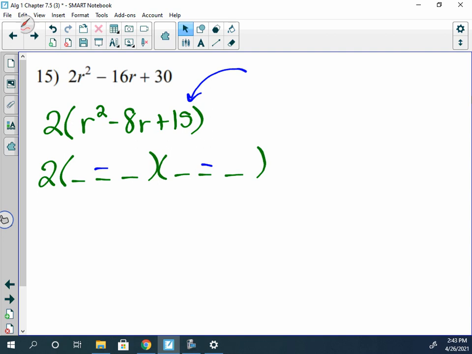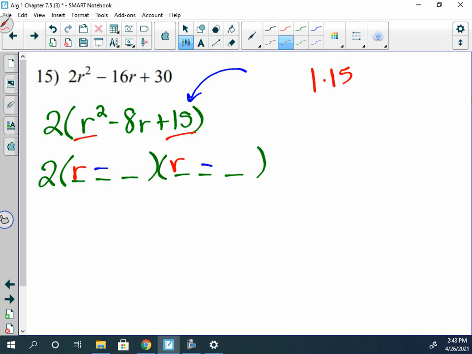Factors of the first term, r squared, would be r and r. We only have 2 factors for 15. We have 1 and 15 or 3 and 5. So which one do we want to try? 3 and 5. So if we try 1 and 15, r times negative 15 would be negative 15r.